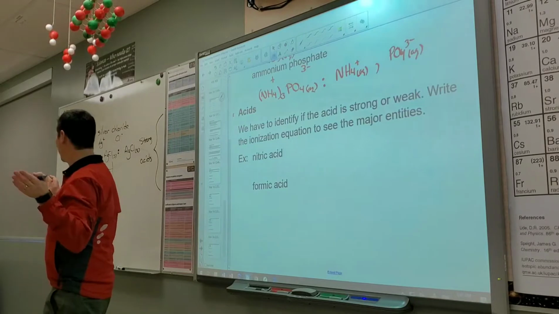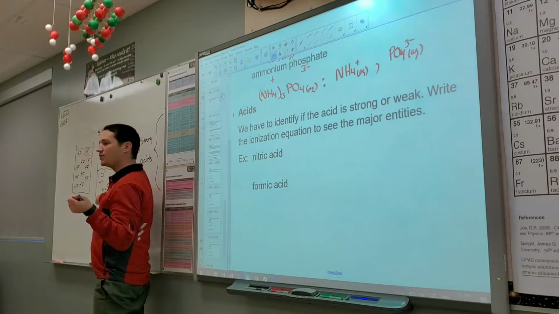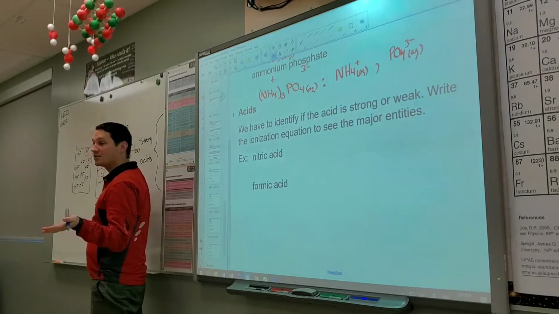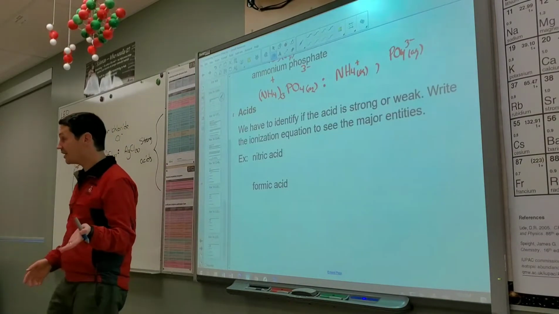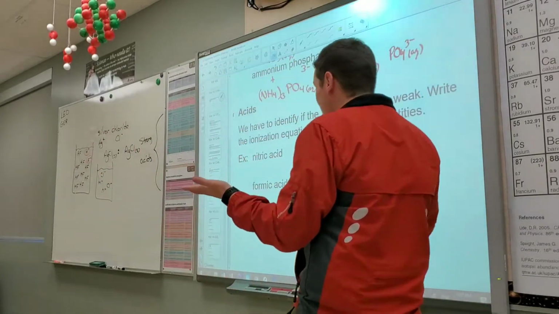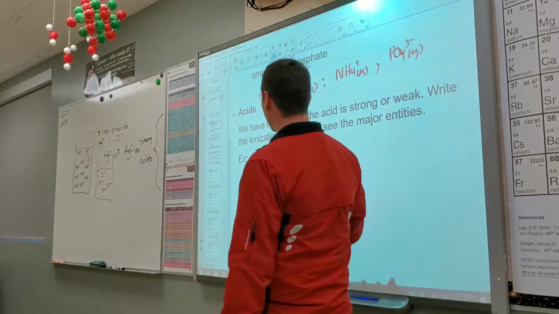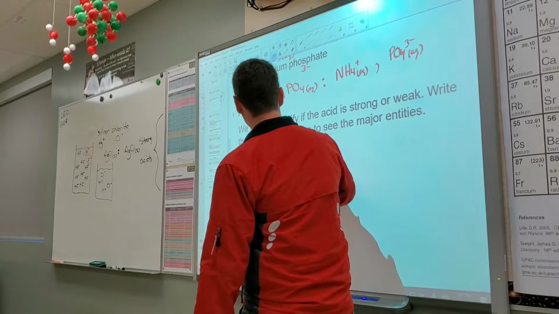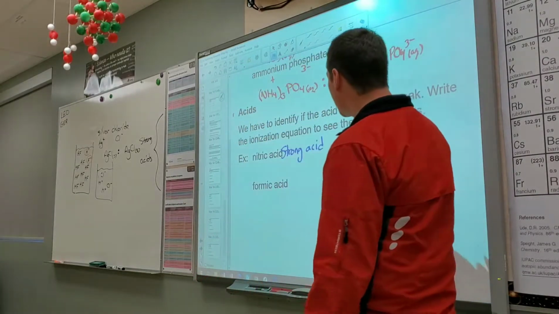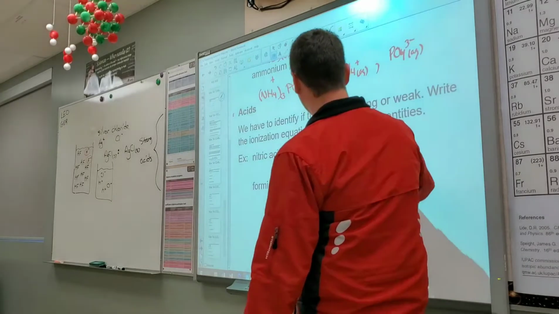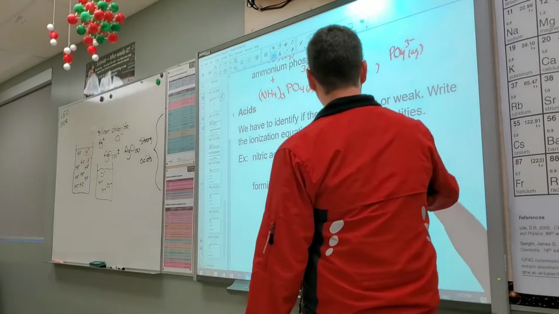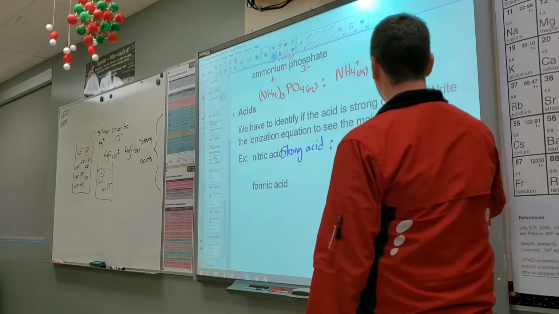What would actually be in the bottle? Hydrogen ions and nitrate ions. That's what's in a bottle of nitric acid. It's not nitric acid, it's hydrogen ions and nitrate ions. So nitric acid is a strong acid, and the major entities in here are H plus and also NO3 minus.